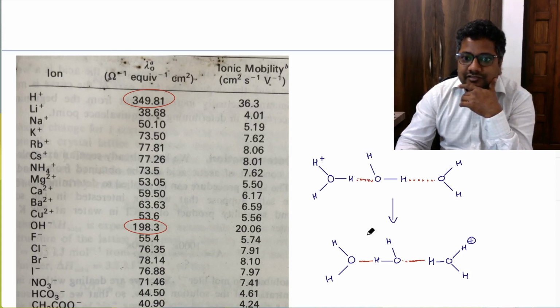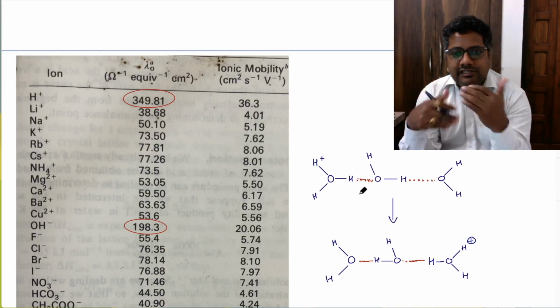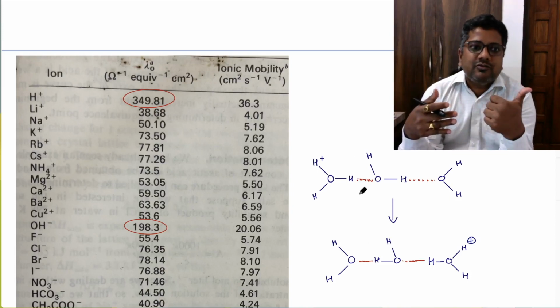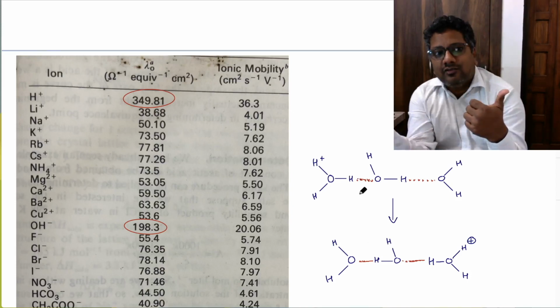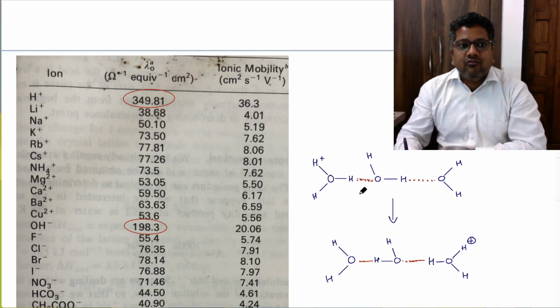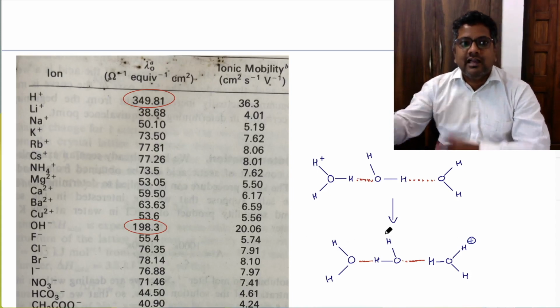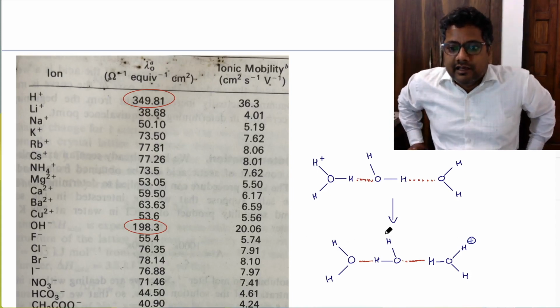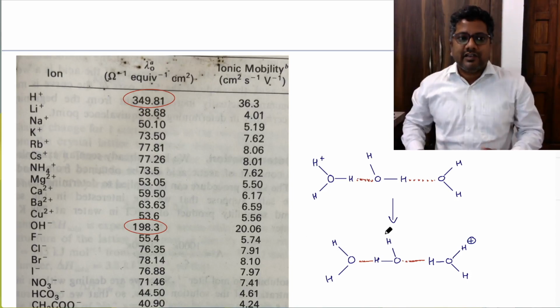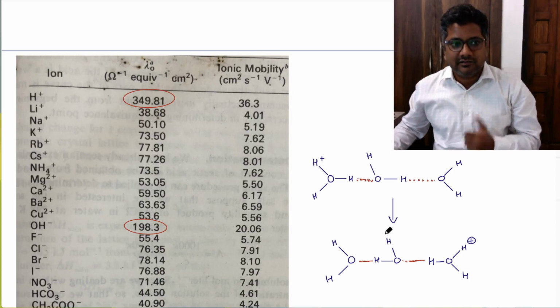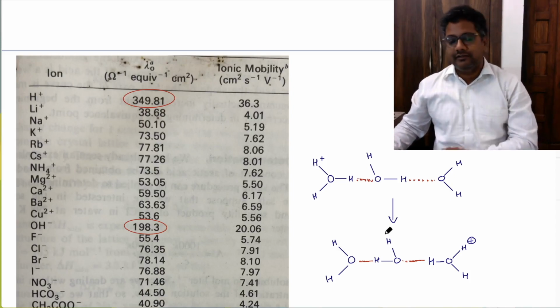See the change. So what is happening here? Some covalent bonds are converted into hydrogen bonds and hydrogen bonds into covalent bonds, and due to this, virtually H plus is moving from this end to that end. This is the reason why in ice electricity will conduct more than in liquid water. Now it is clear.